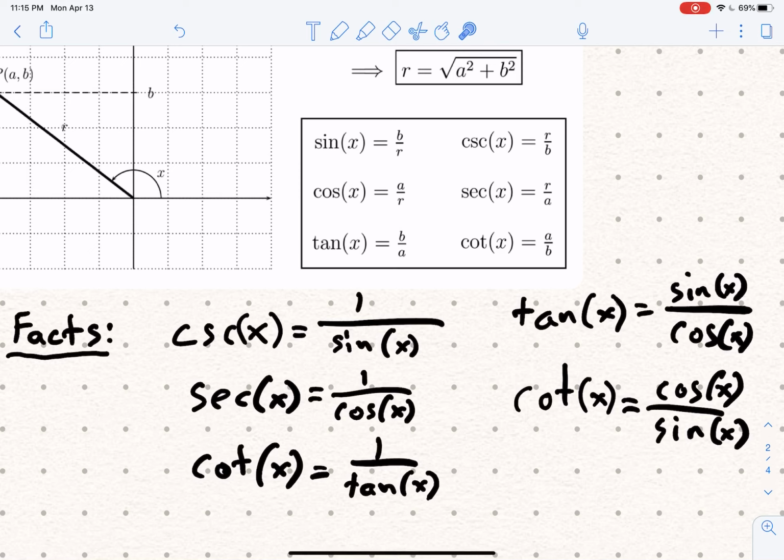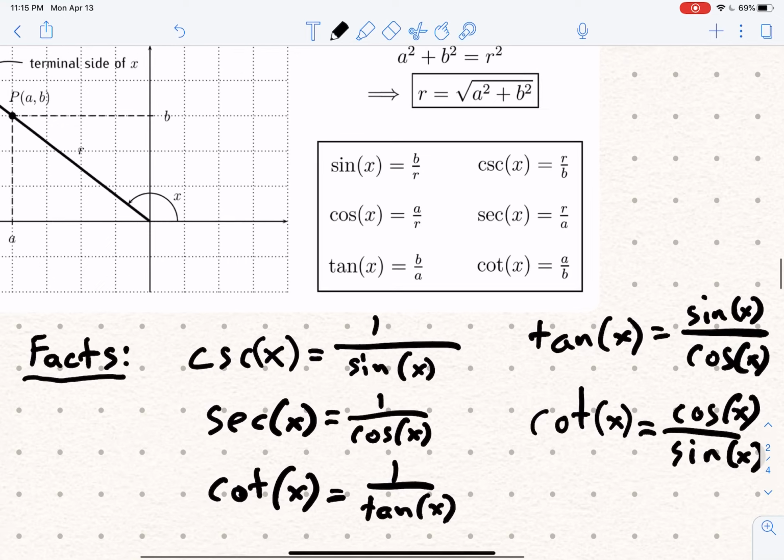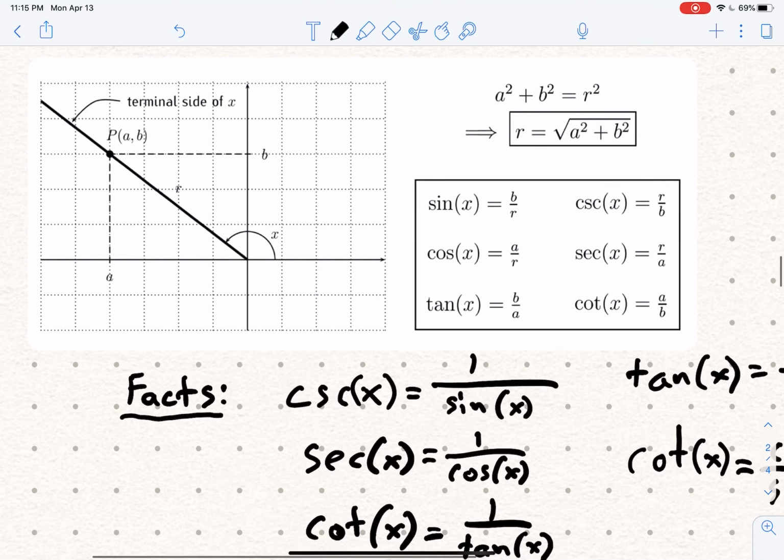Okay, so that's the basic definition of the trig functions. And what we want to do now is the following. This is essentially the big idea of trig functions. What is a trig function? Well, the angle tells you which direction that terminal side goes.